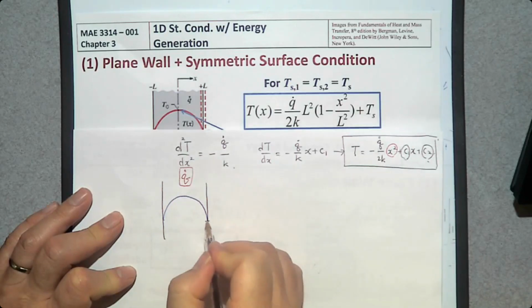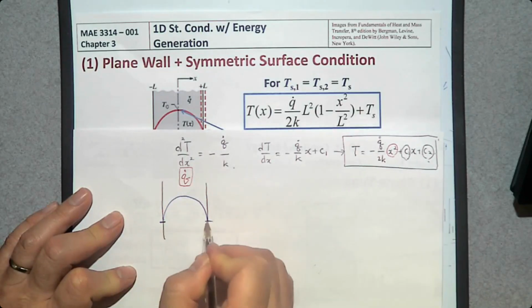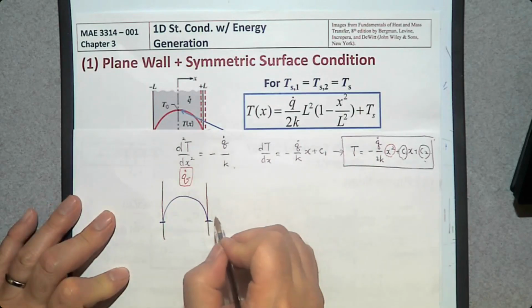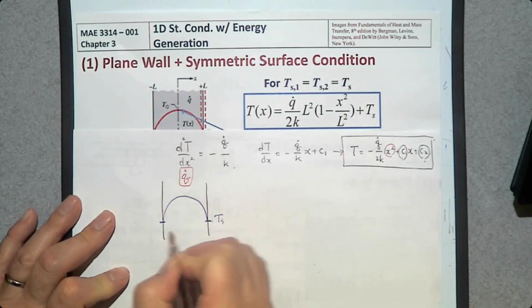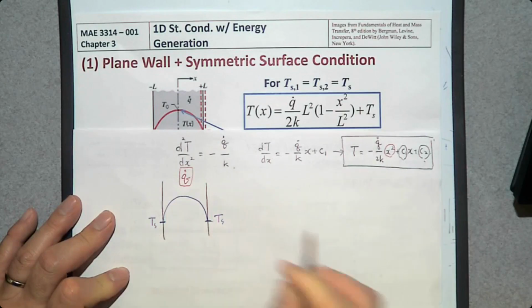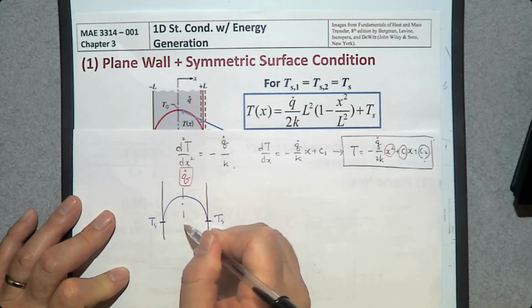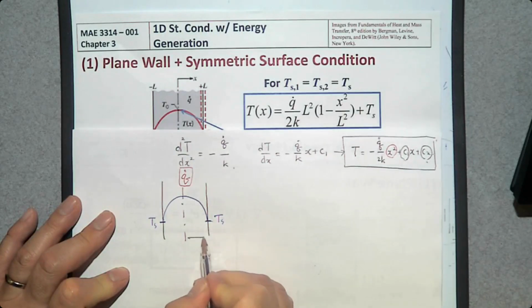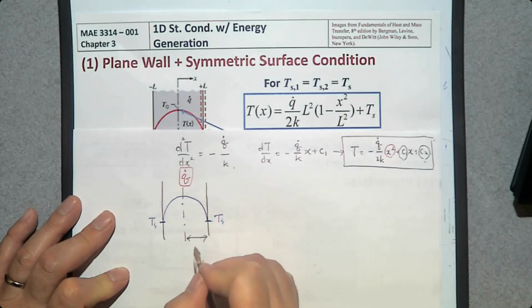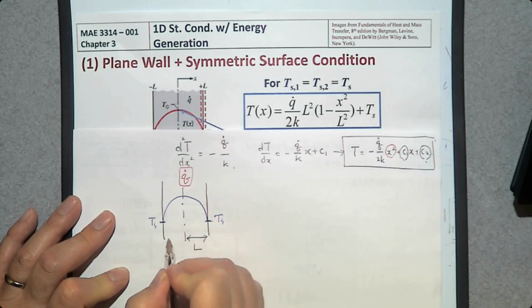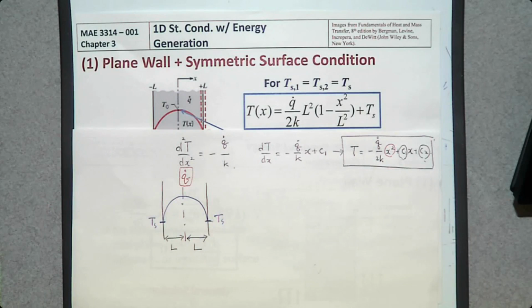Then we assume that the temperature at each surface is the same temperature, Ts, and the thickness of this plane wall is 2 times L. So each side has a thickness L, and the total thickness of the plane wall is 2 times L.